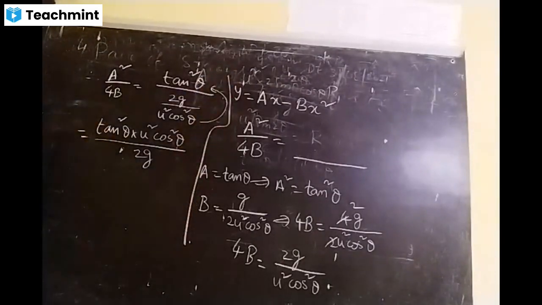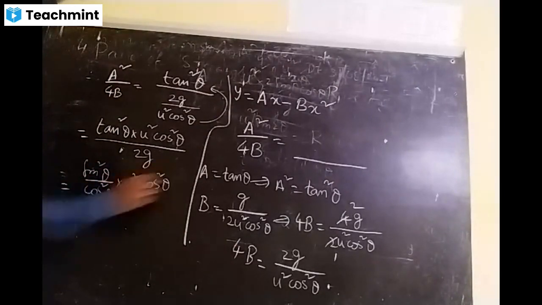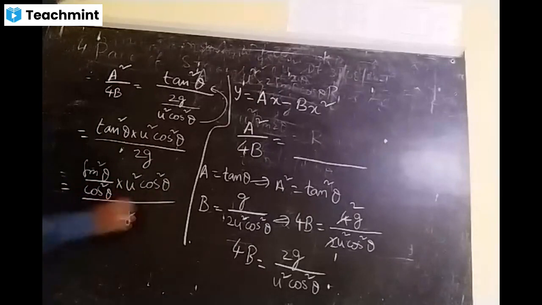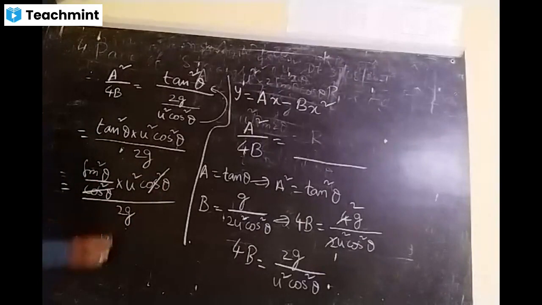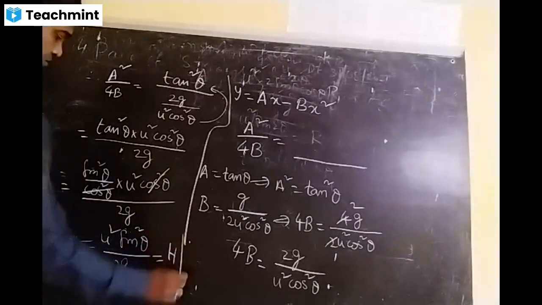Now can I write tan square theta as sin square theta by cos square theta? Yes, sir. So cos square theta cancels with cos square theta, and you remain with u square sin square theta by 2g, which is the formula for maximum height.